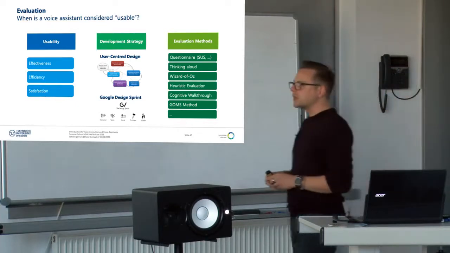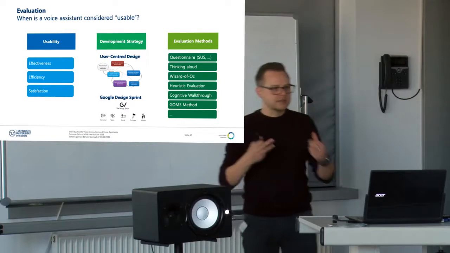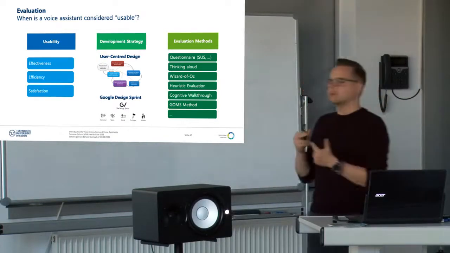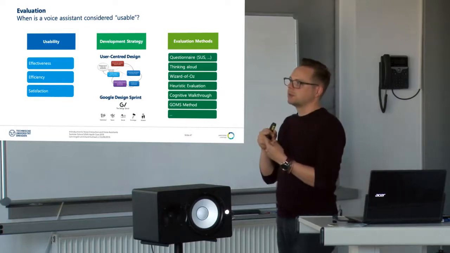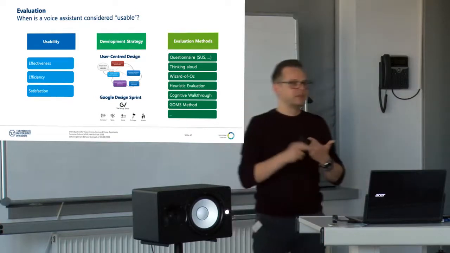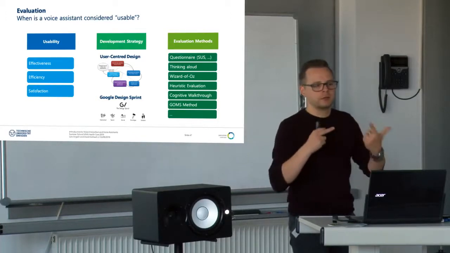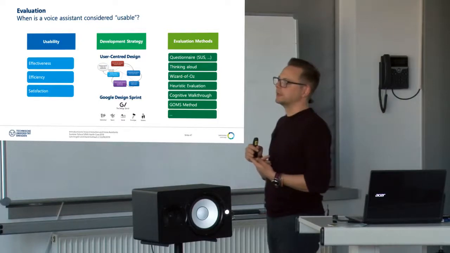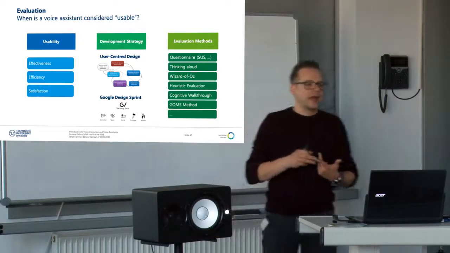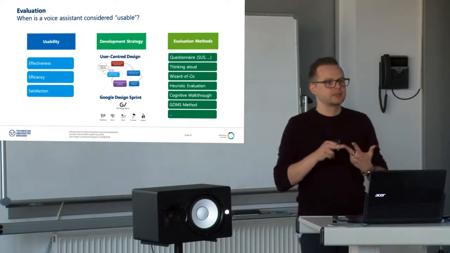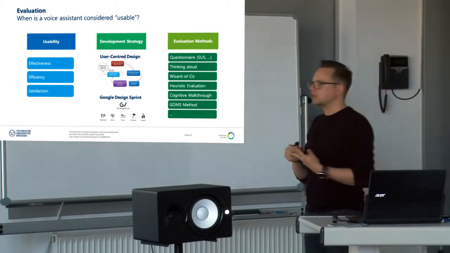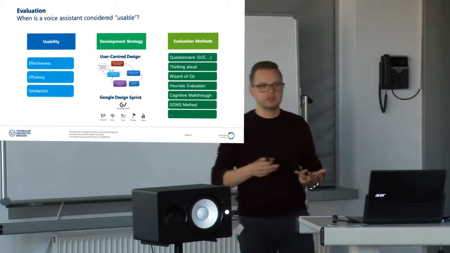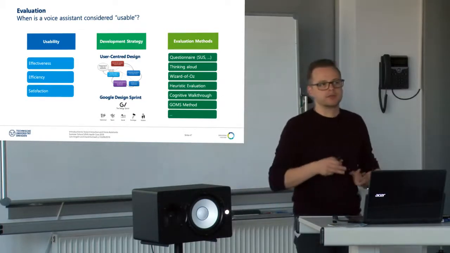So the question if a system is able to fulfill the tasks given to it; the ability of a system to fulfill tasks with a reasonable amount of effort, so in a reasonable amount of time, or a reasonable amount of cognitive effort as well. And a system has to satisfy the user. So the user has to accept that there is a system that he wants to use, and it does not lead to too much frustration.